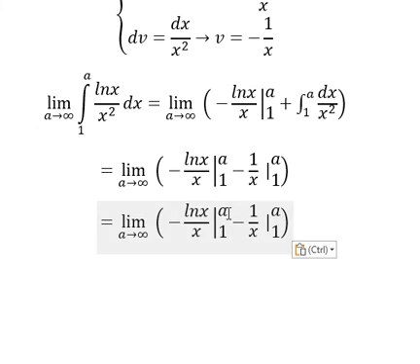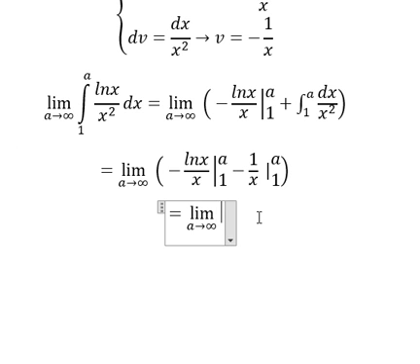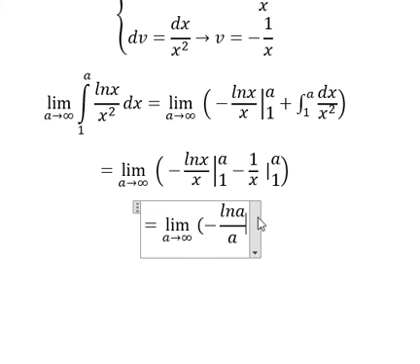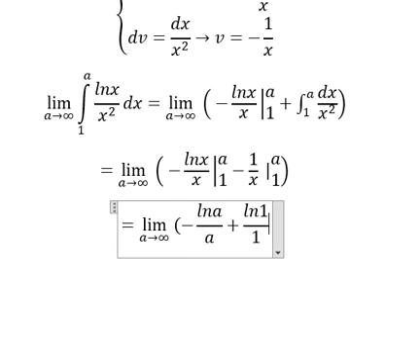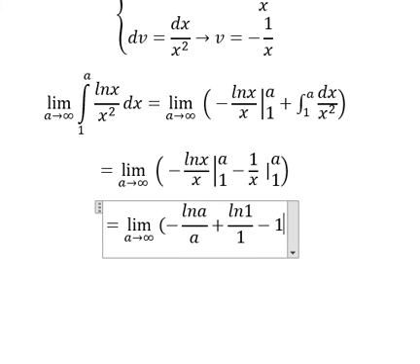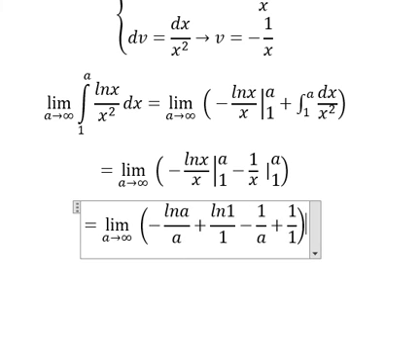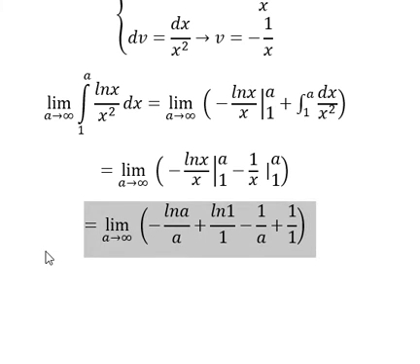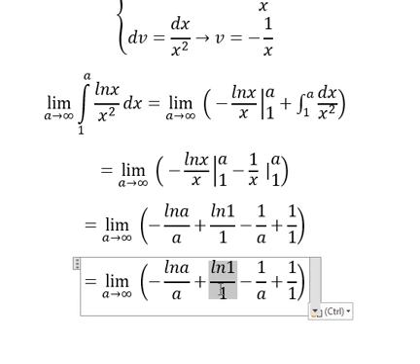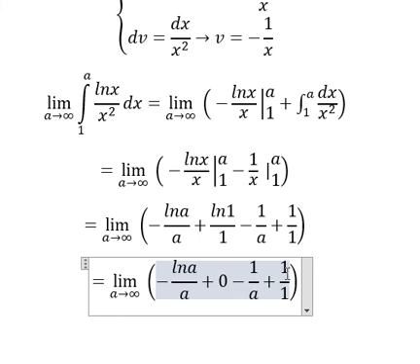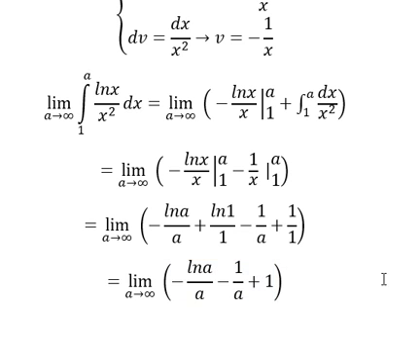So they should be like this. Ln of number 1, you got 0. This one we have number 1, so we simplify like this.